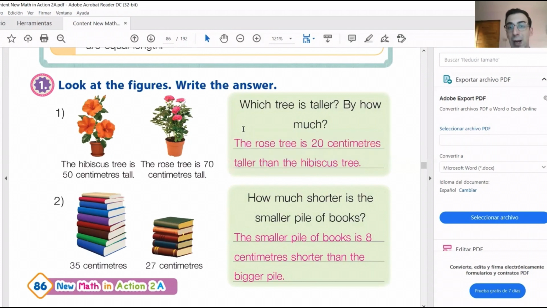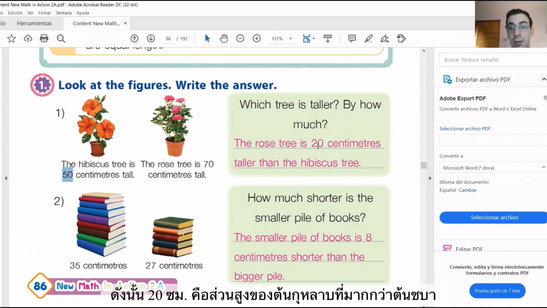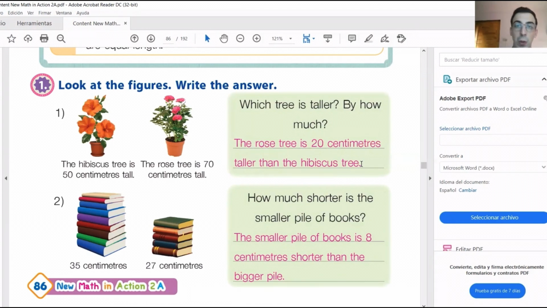Why? Because 70 minus 50, we get the difference of 20. And 20 is the height by which the rose tree is taller than the hibiscus tree. Okay, do you understand?